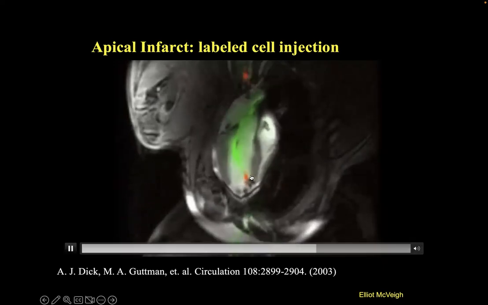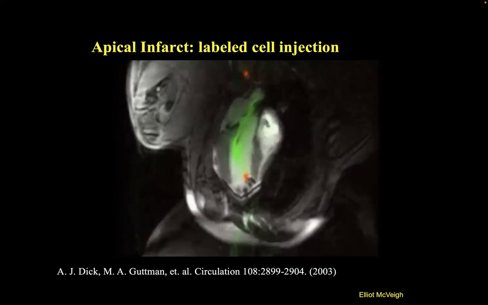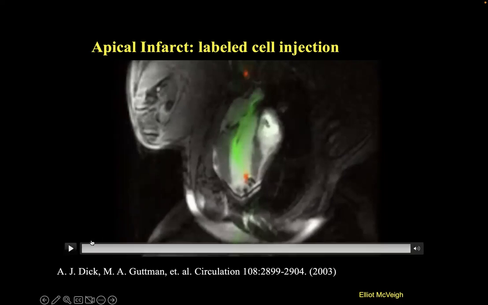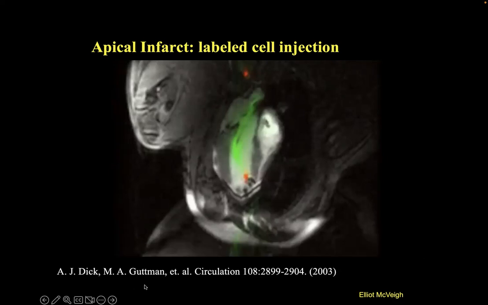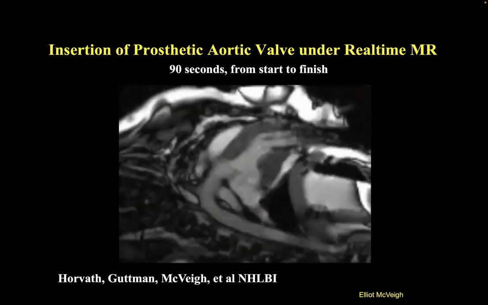You need all of your equipment to be non-ferromagnetic, obviously, so all your catheters and everything. We had to get a whole bunch of special equipment. The guy I worked with a lot at NIH, Robert Letterman, is doing this to this day. He's pioneered a whole bunch of interventions under MR guidance. It's a really cool lab. So that's what I did at the NIH while I was there.